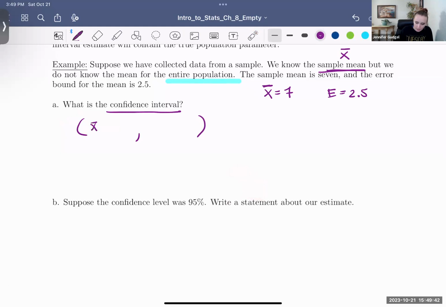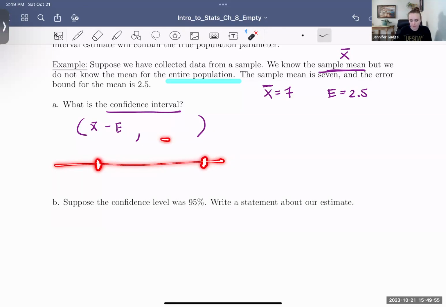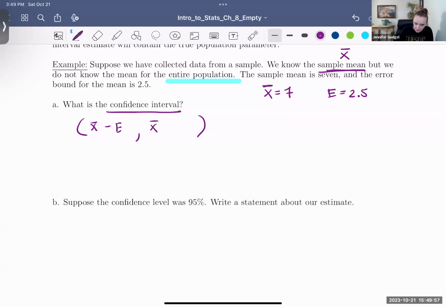All right, it's going to be X bar minus E. The smaller value goes first. This is like a number line. When we write an interval notation, you put the smaller value, the one further to the left, and then the bigger value, the one further to the right. The second one's going to be X bar plus E. All right, we need these actual numerical values.